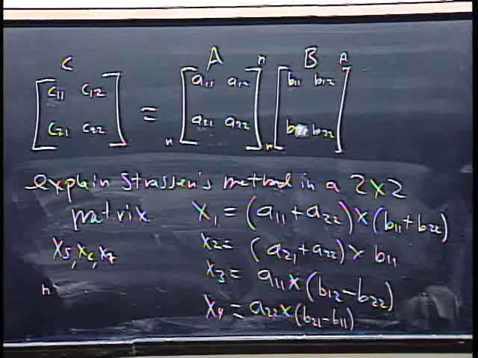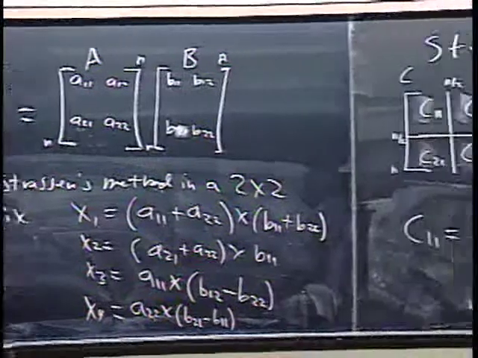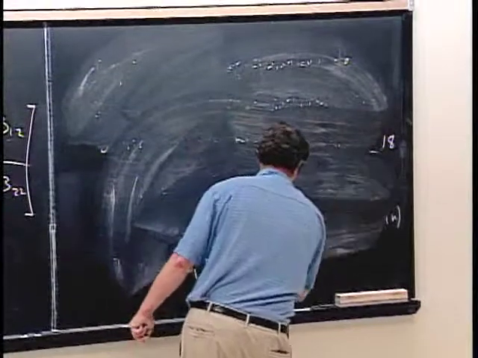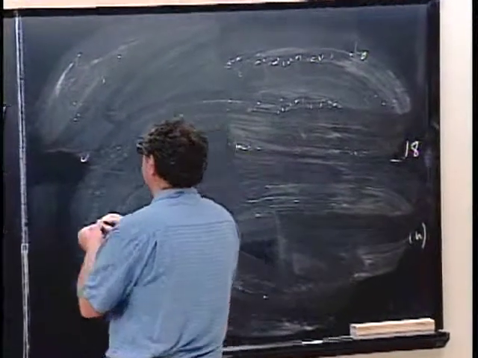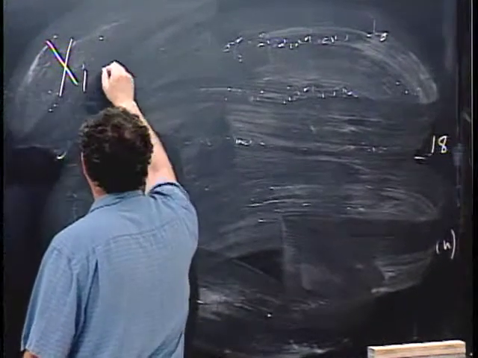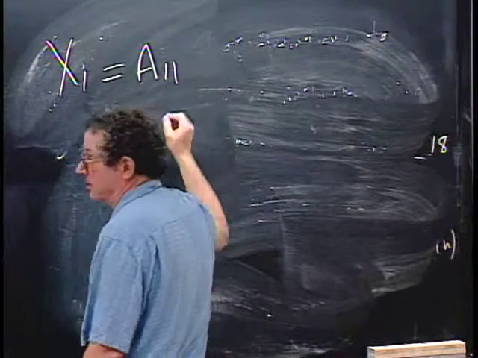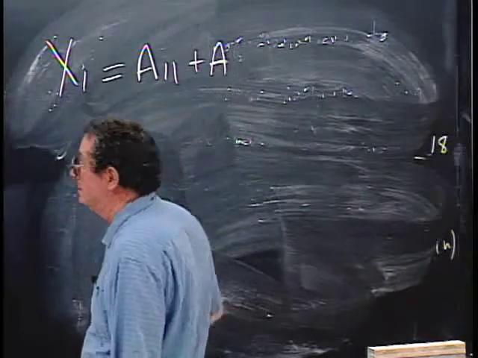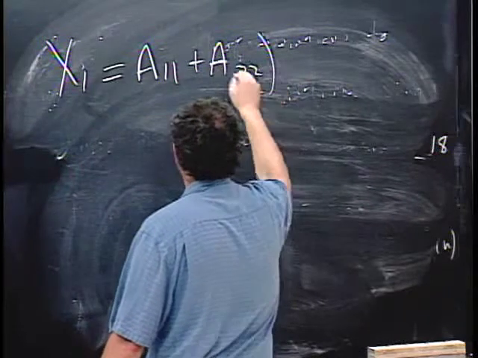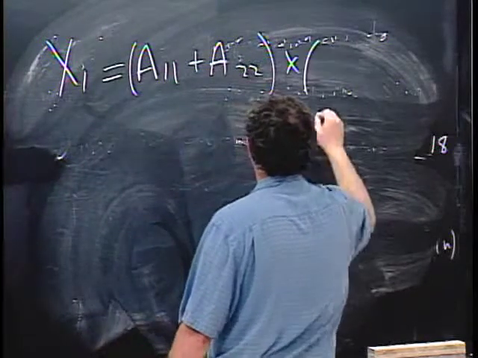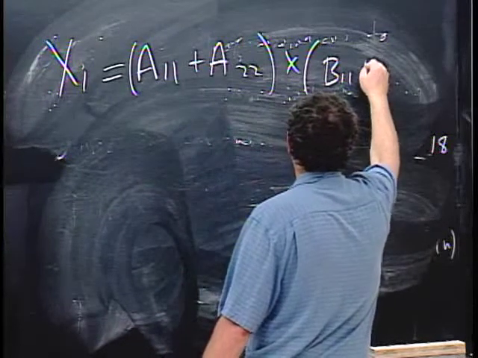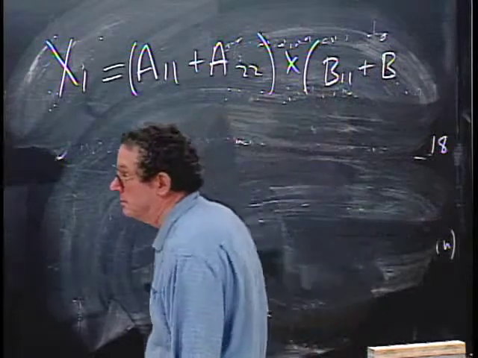Okay? I'll try to write that down. I'll erase this. So now we have a capital X1 is equal to A11 plus A22, okay, multiplied by B11 plus B22.